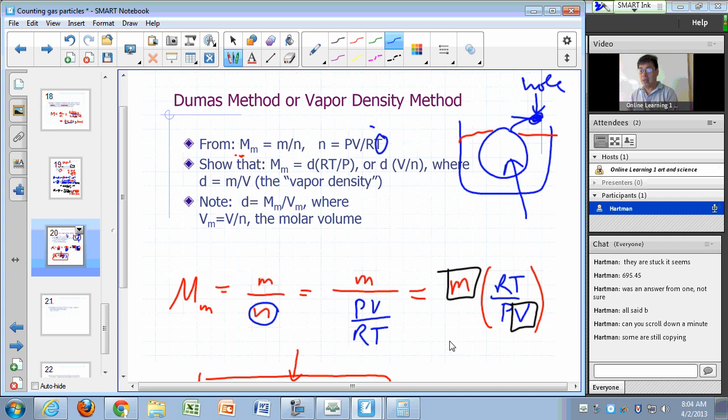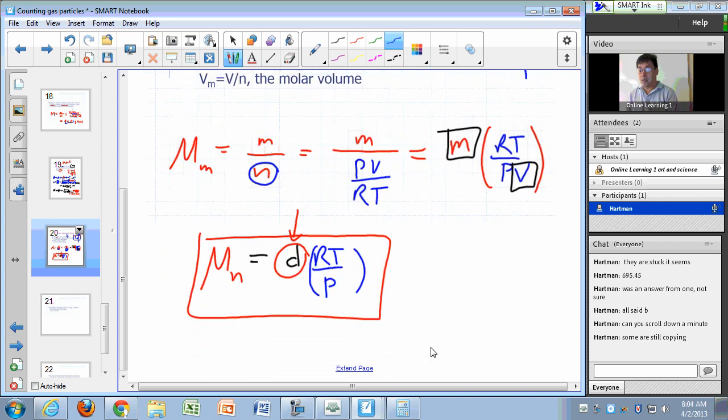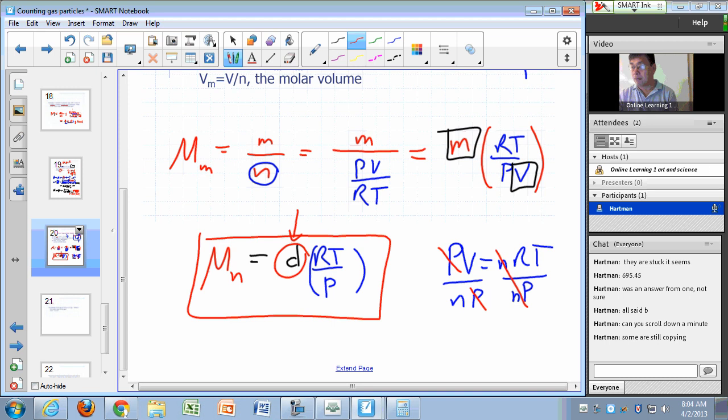Okay, now if you remember RT over P, PV equals nRT. If you rearrange this, I'm just going to divide this by nP. That will get rid of n from the right-hand side and P from the left side.